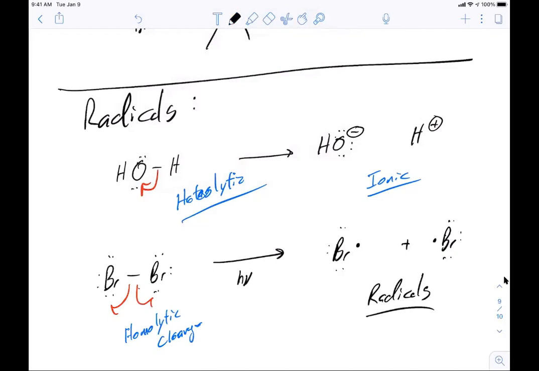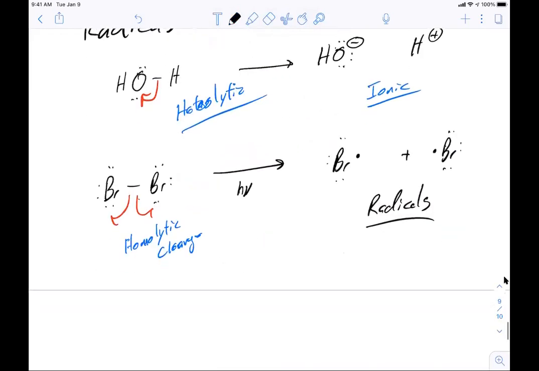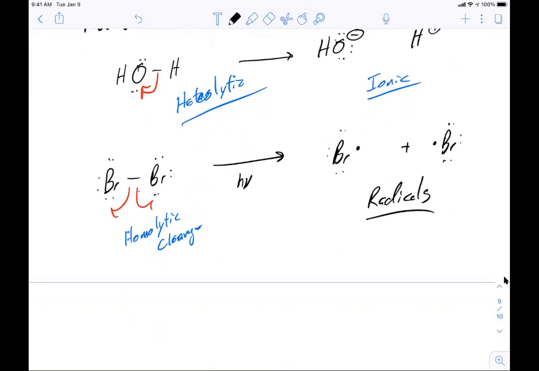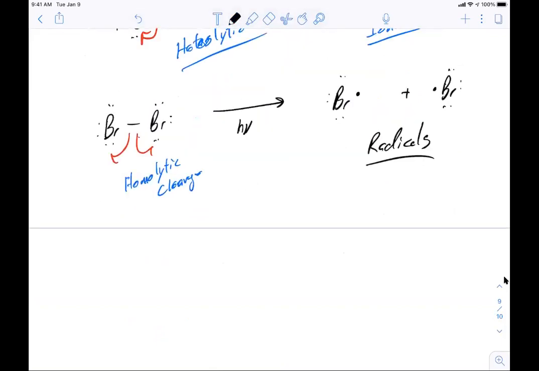Radicals in general are pretty high energy species. They can react pretty readily with many things. They also have less control than most of our ionic reactions in most cases.